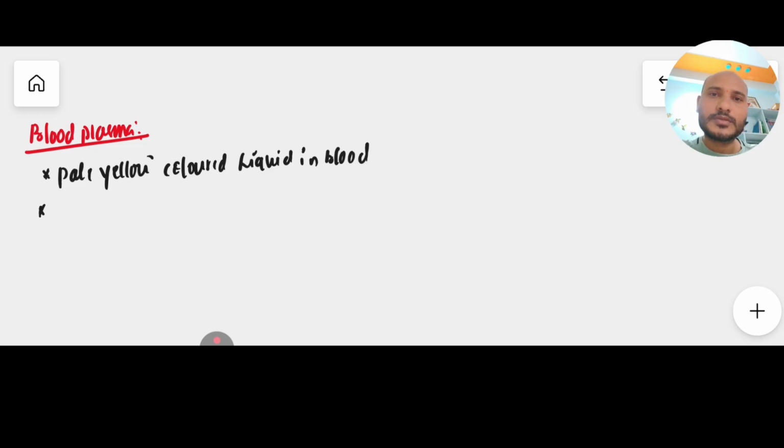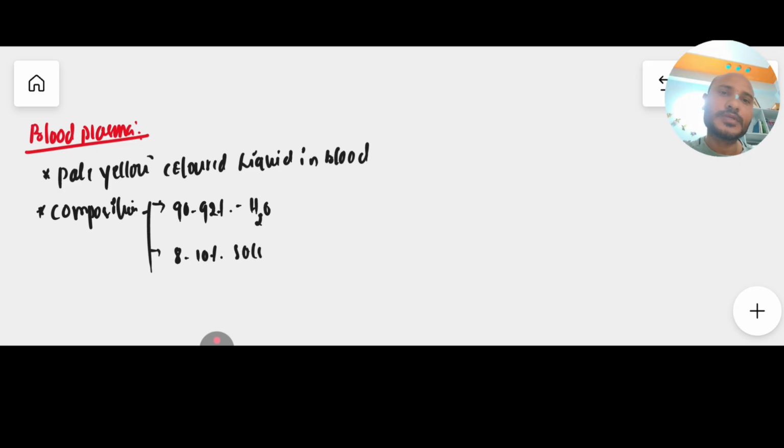Composition of blood plasma: generally, blood plasma contains 90 to 92% water, and 8 to 10% different solutes dissolved in the water of plasma.